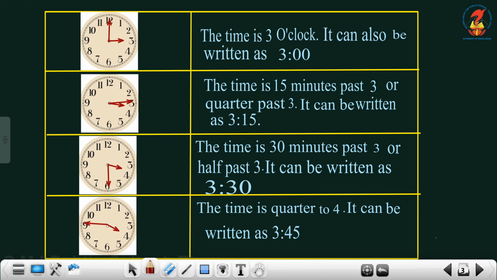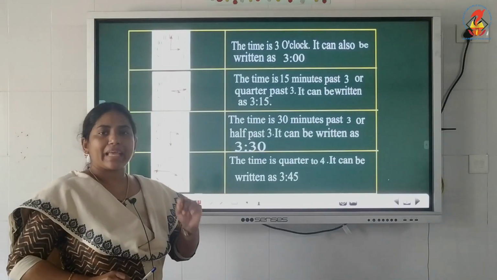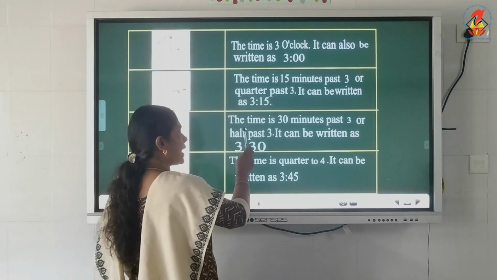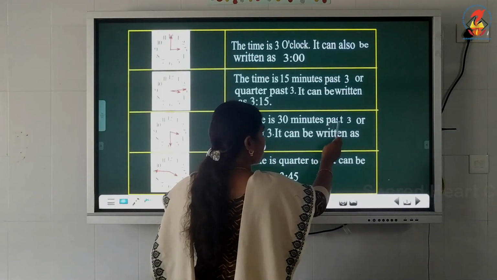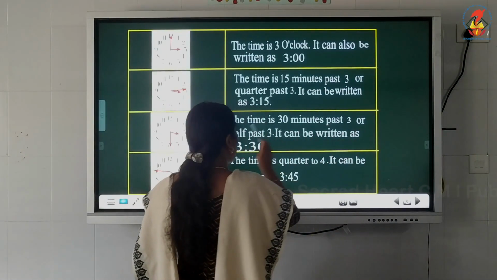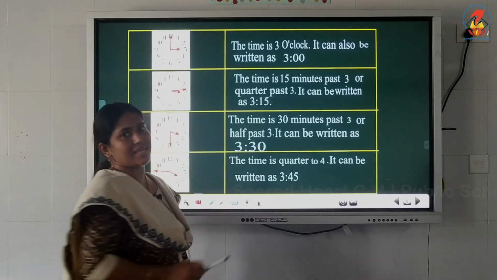Otherwise, we can say from this 12, our long hand, our minute hand moves and covers half of this clock. Is it? Half portion it covered. So we can say that the time is 30 minutes past or half past 3.